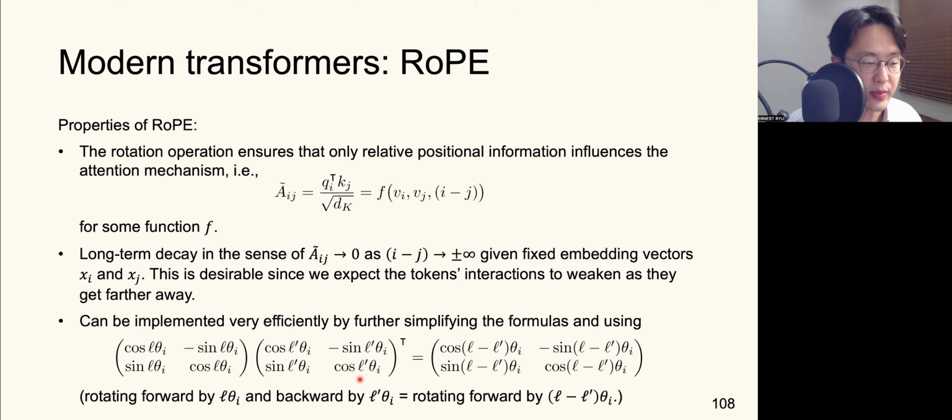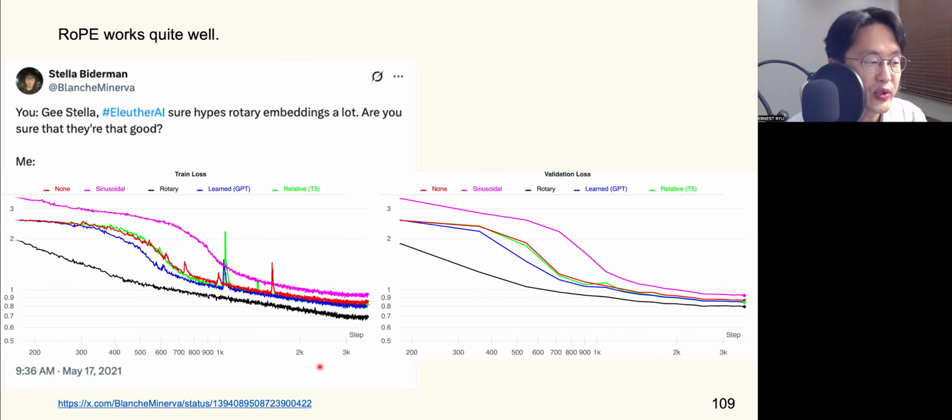This is the transpose of rotation by L prime times theta i, which is rotation the other way. Using the fact that these matrices represent rotations, there are simplifications that can be made, so the implementation of rope can be very efficient. And indeed, rope works very well. Here's a tweet by Stella Biderman, basically saying that rope just works so much better, at least in her experiments.